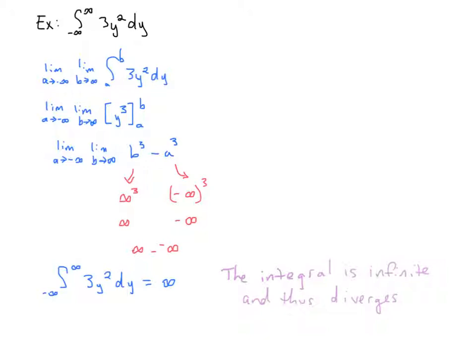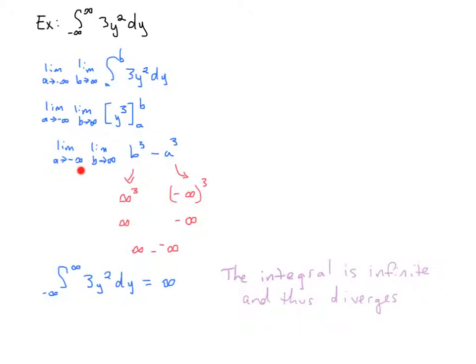So we take the integral first, which is y cubed, and then it's going from a to b as a approaches negative infinity and b approaches positive infinity. You need both limits, but you can sort of evaluate these separately almost, because this one only depends on b and this one only depends on a. So if we plug infinity in for b, that gives us infinity cubed, which is really the same thing as infinity.